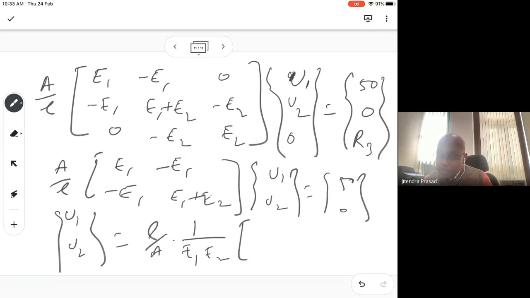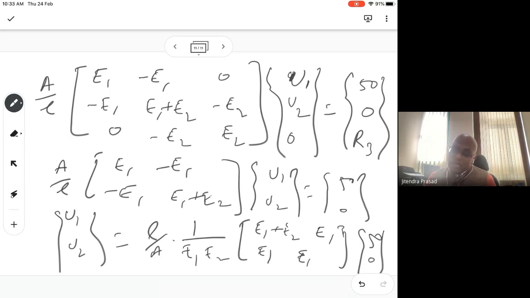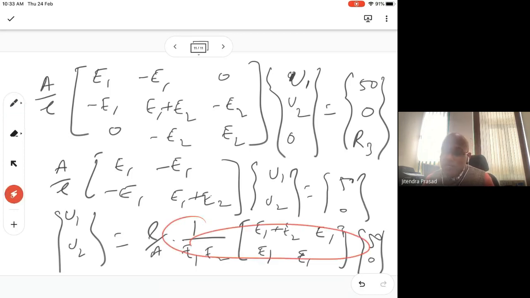Okay, and then you have E1 plus E2, E1, E1, E1, and then you have 50, 0. So what you will see now is that you will get the exact solution in that case, what it's supposed to have. Automatically you will have E1 E2 there. You can find that out.